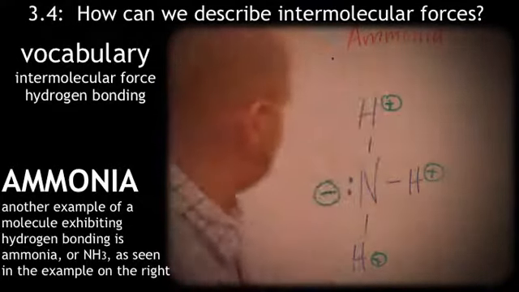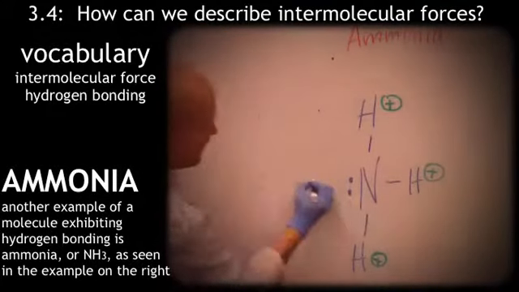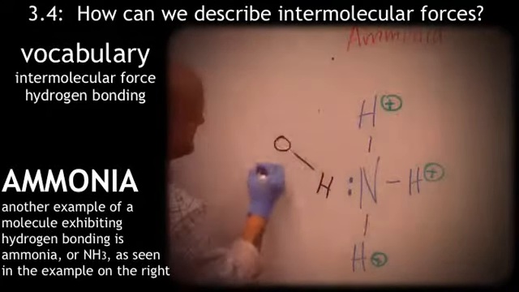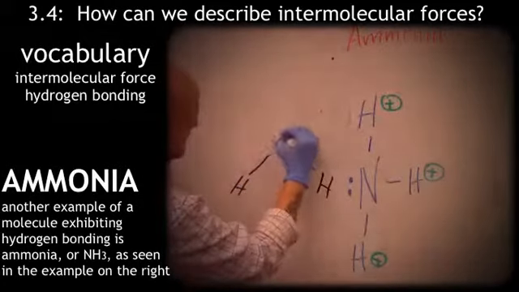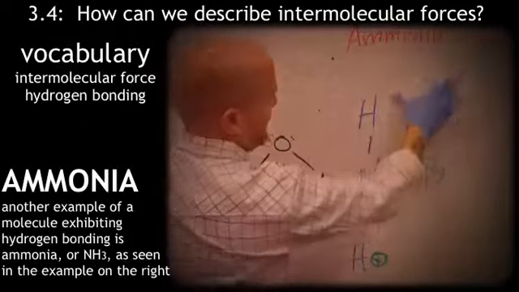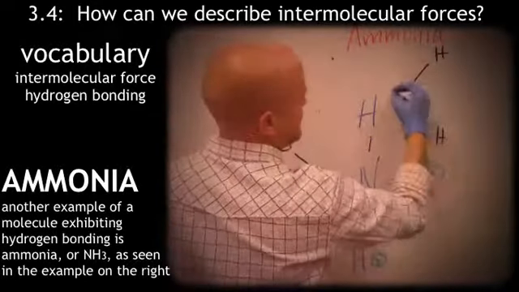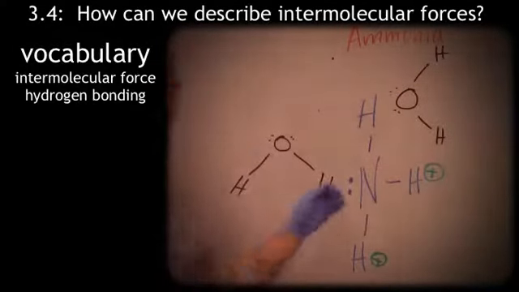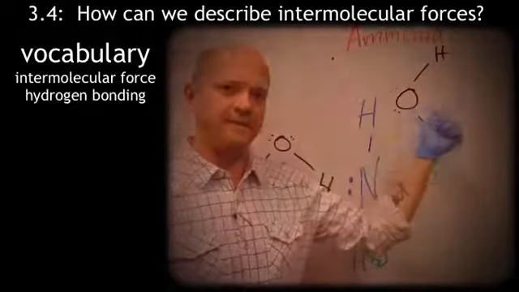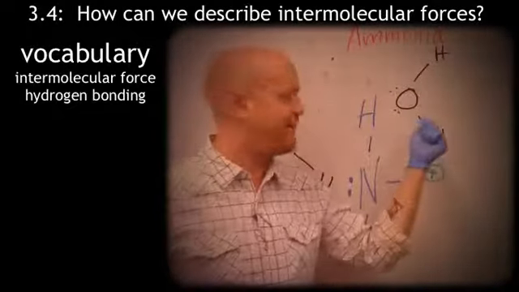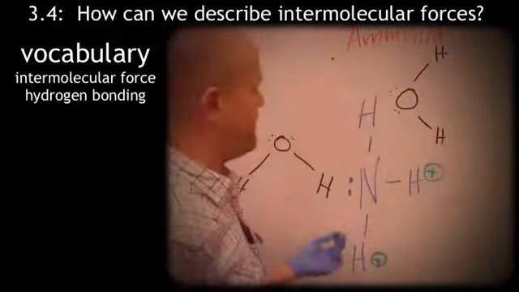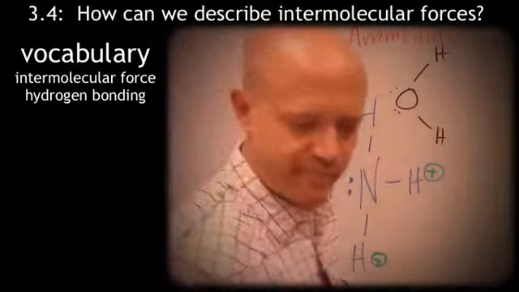So if I had this drawn out, I will have it looking like this. And if I had another one over here, it would orient itself like this. So basically you're going to have areas that are positive, sort of attracted to areas that are negative. And that's an example of an intermolecular force.